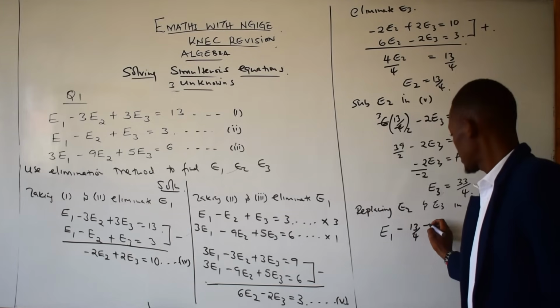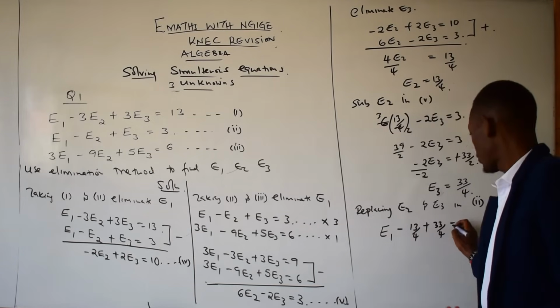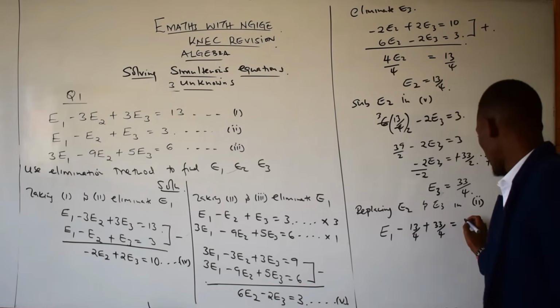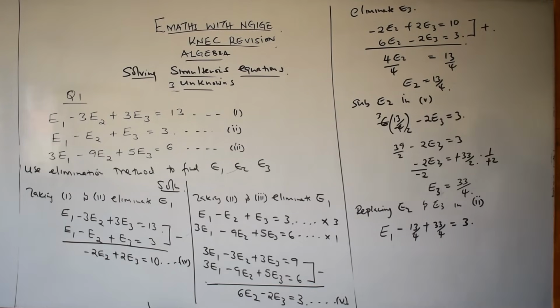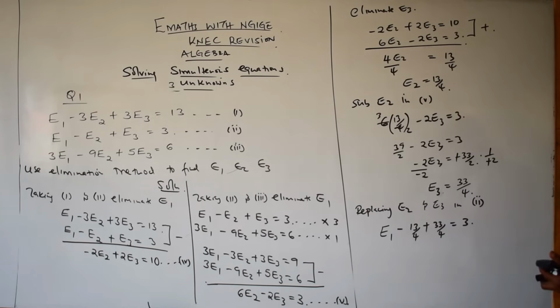Then plus, what is E3? 33 over 4 should give you what? Should give you 3. Now what is negative 13 over 4 plus 33 over 4? That gives you 5.